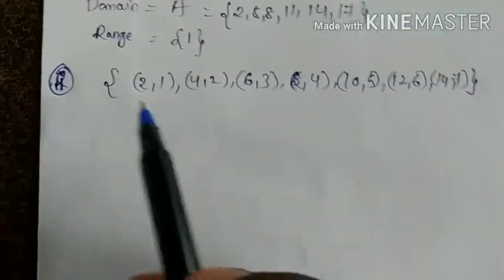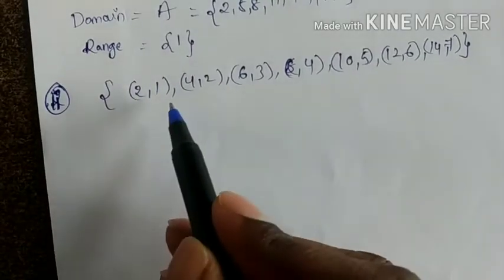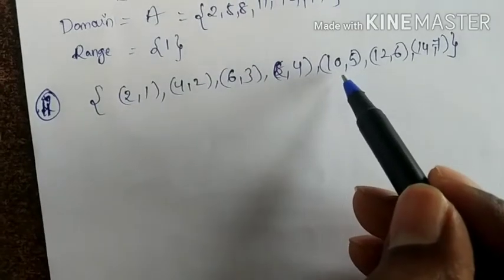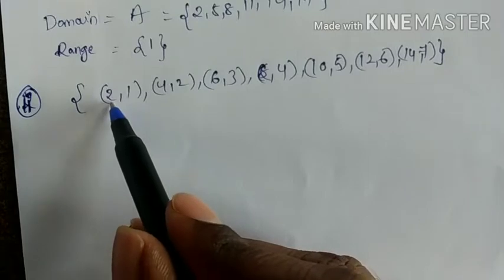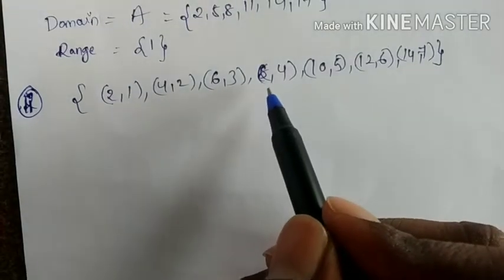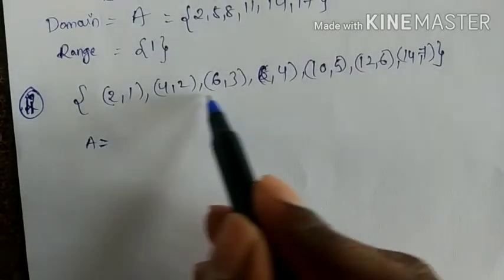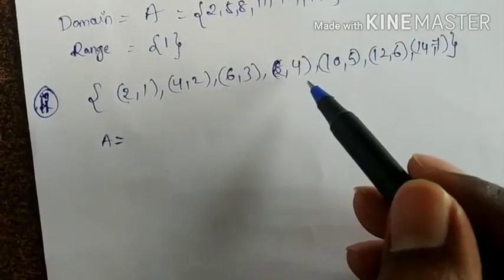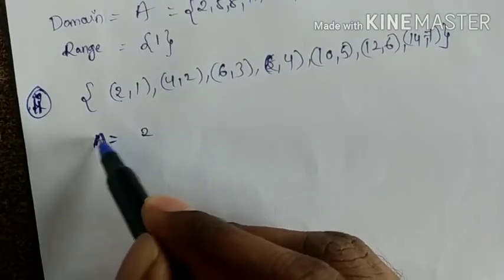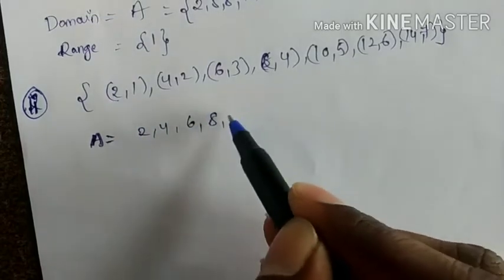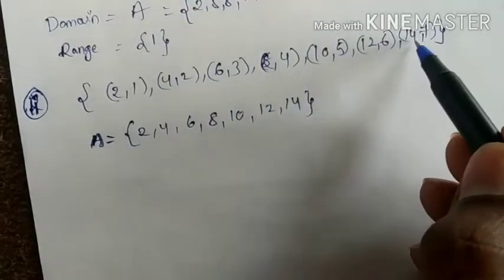Okay, now first let's see, it is a relation, it is a function or not. The function definition already gave you. Each element of set A has only one image in set B. So just first write the set A elements. Set A means all the first elements of these ordered pairs. So here we just assume the set is A, 2, 4, 6, 8, 10, 12 and 14. These are the first elements in these ordered pairs, right?